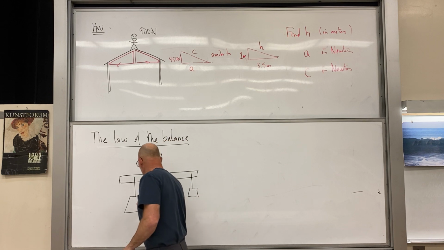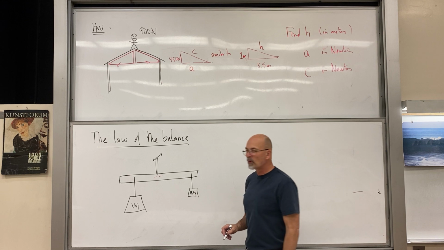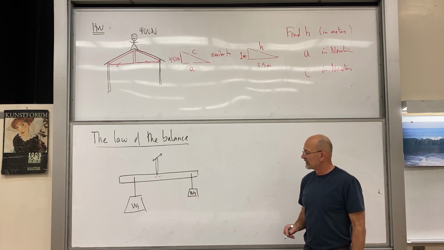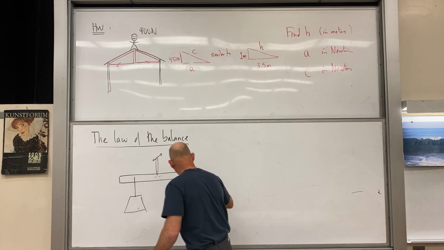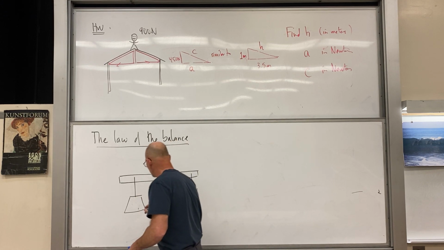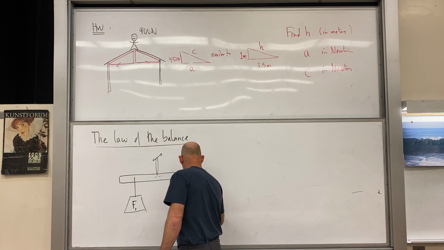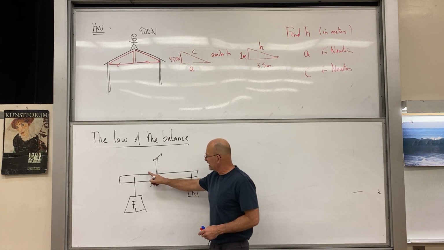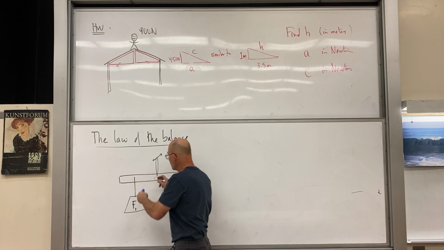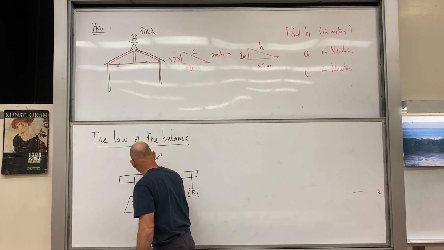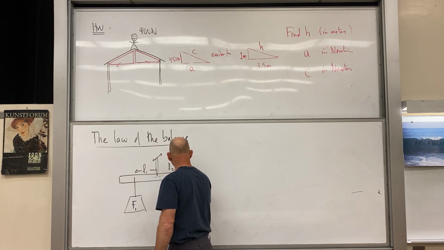I'm going to use the letter W for the weights, but I could also use force, F. Yeah, I'm going to call them F for forces. The weight is a force. So let's call this F1 and this F2. Now the crucial aspect is the perpendicular distance to this axis right here, and we'll call these L1 and L2.